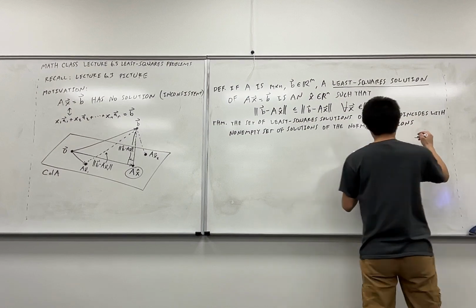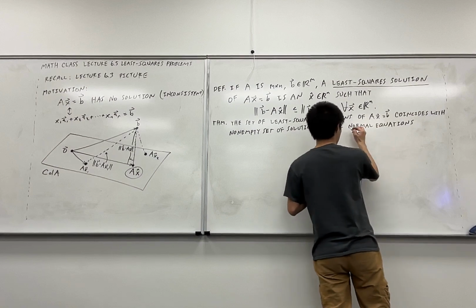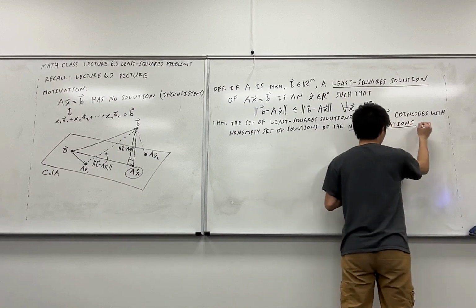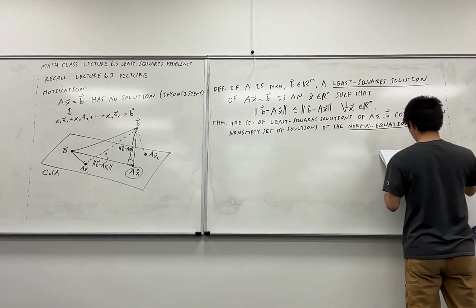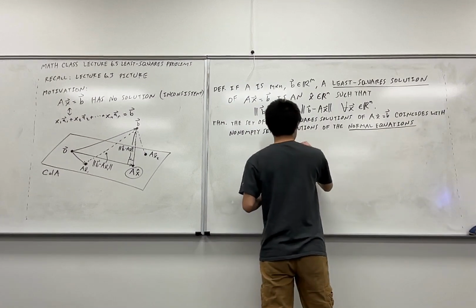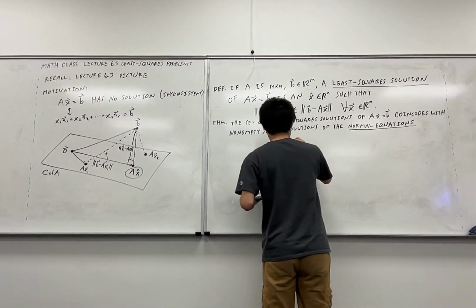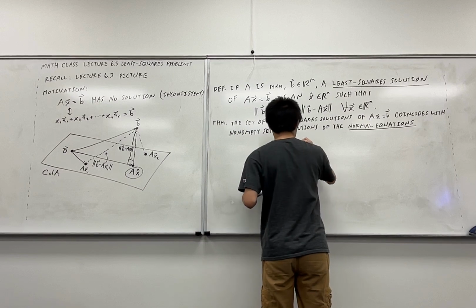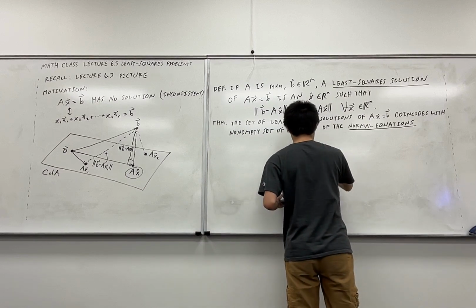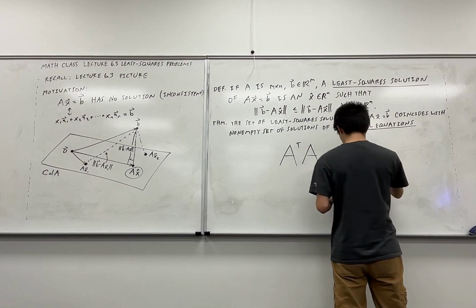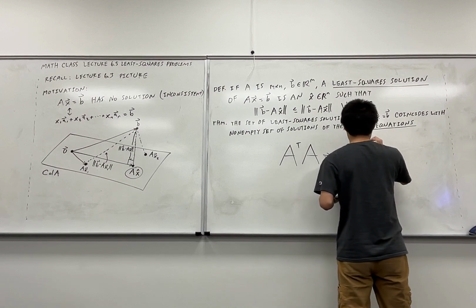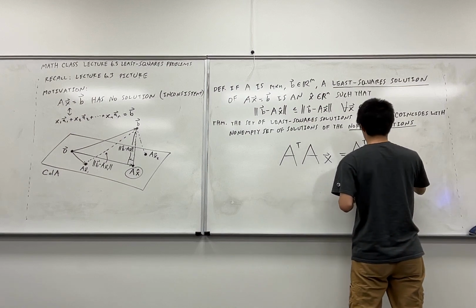Now this is bad math form at the grad level, but for undergrads, it won't kill anybody. I'm going to define normal equations in the statement of the theorem. AT times A times X is equal to AT times the vector B.